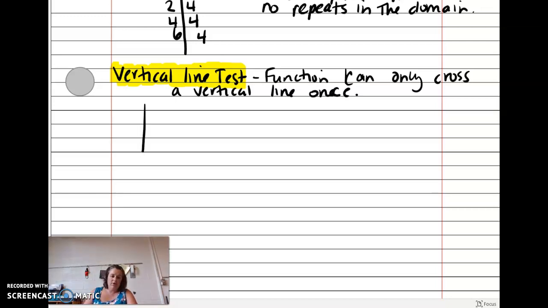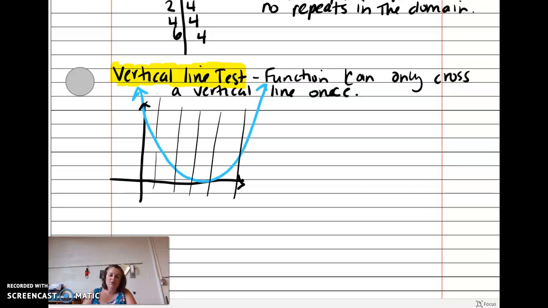So if I give us this function, say, I'll do blue. I get a relation that looks like this. If I look for any point on a line vertically, you will not find one. If I draw a vertical line here, it only crosses once, here it only crosses once. So we're good.